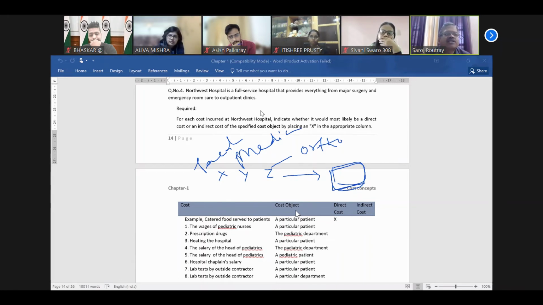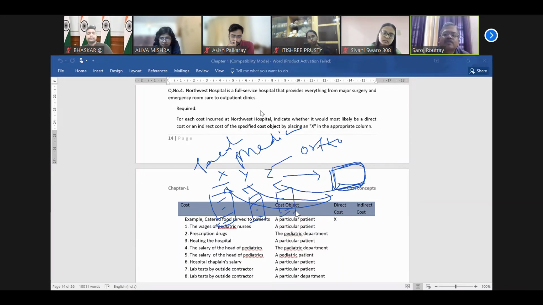Or drugs are prescribed and the nurse went to the medicine store and collected all the medicines. And it is prescribed for X, you gave ABCD, for Y ABCD, and for Z whatever. So you can identify it with X, and you can identify it with the pediatric department.